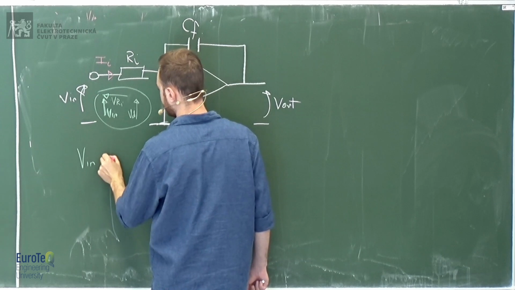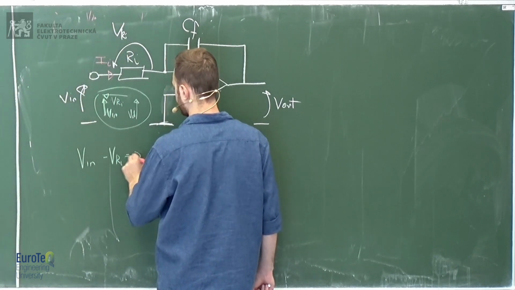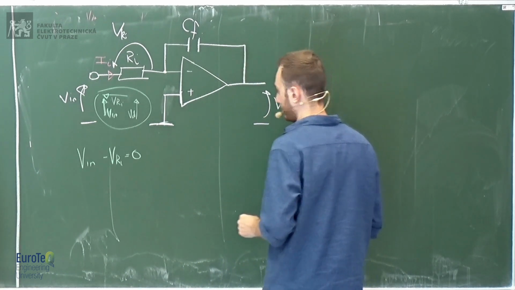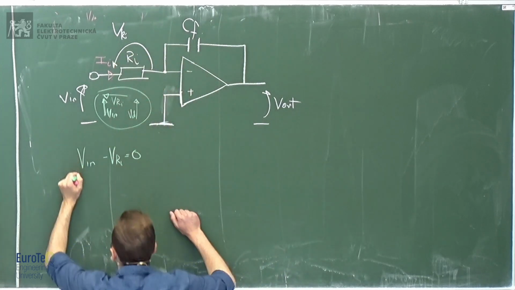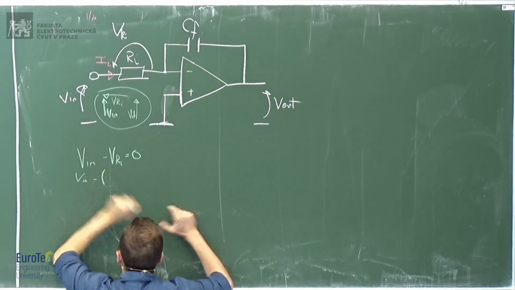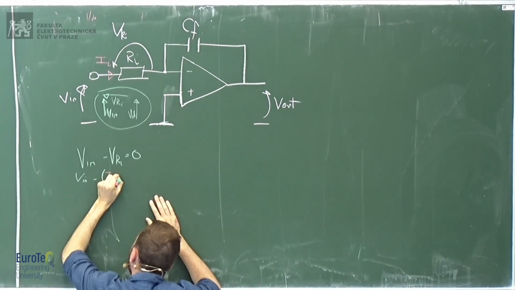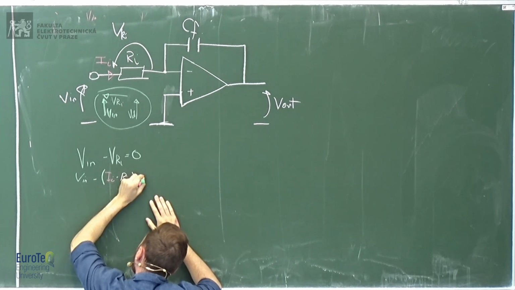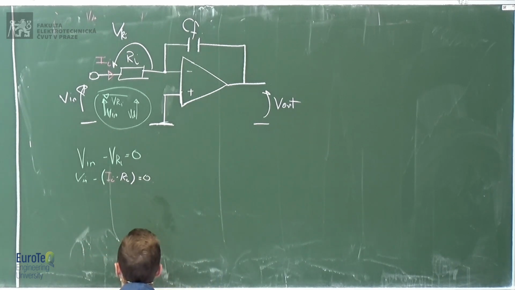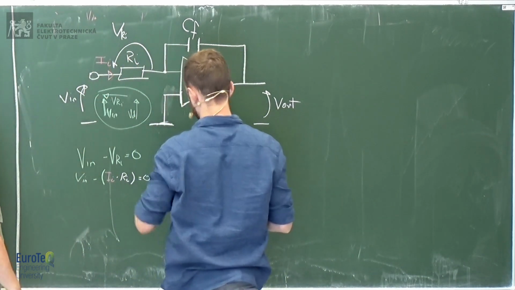So Vn minus VRi is equal to 0. Okay, so again, VRi is equal to... so Ii equal VRi divided by Ri. Yes.